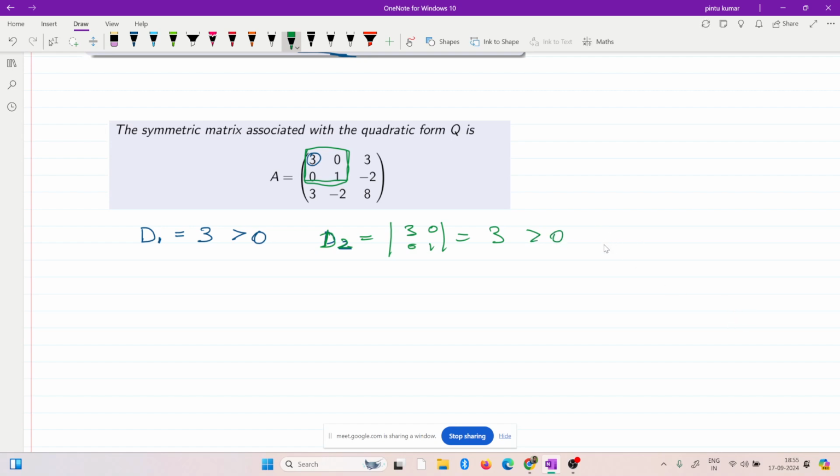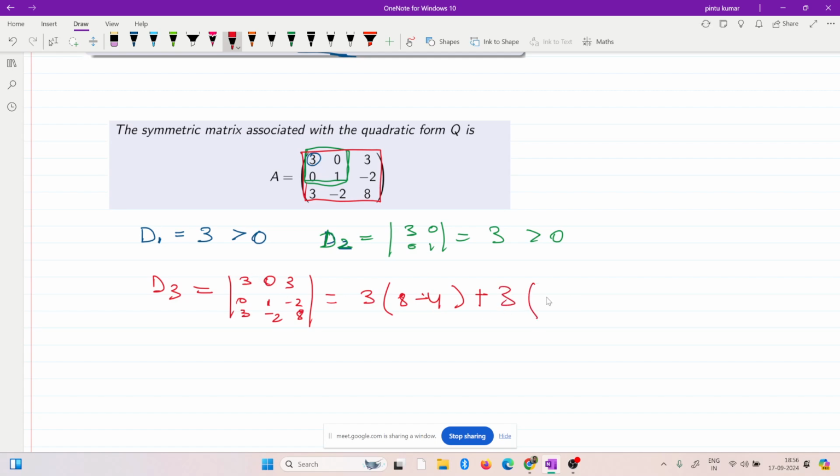Now let's look at D3. D3 is the determinant of the complete matrix, given by 3, 0, 3, 0, 3, 1, minus 2, minus 2, 8. This you can evaluate as 3 multiplied by 8 minus 4, plus 3 multiplied by 0 minus 3.